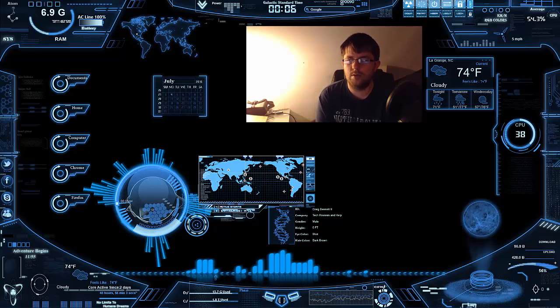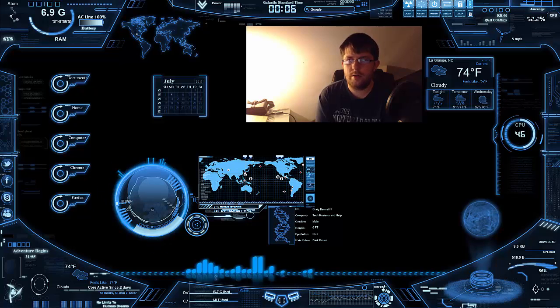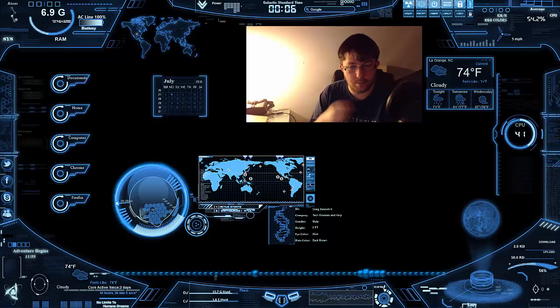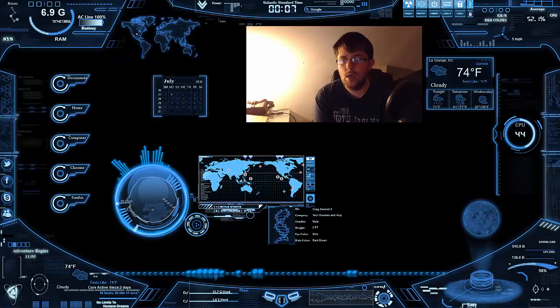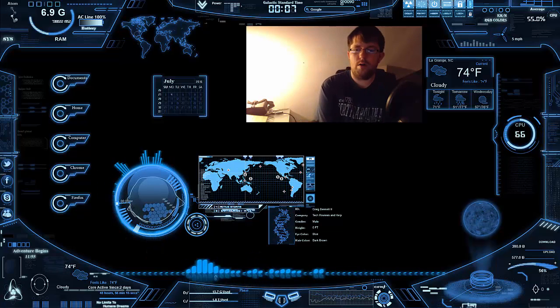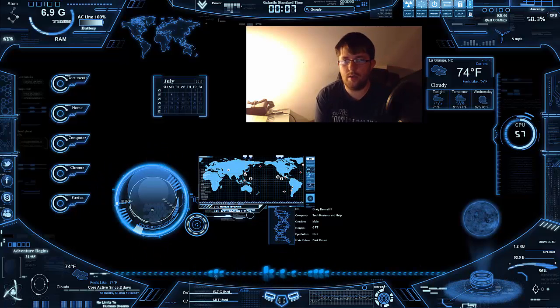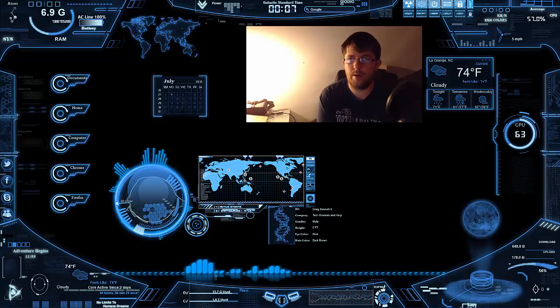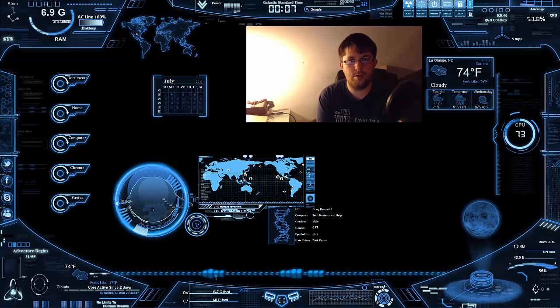In Linux, it really depends on which distribution you're using, but they all have resource monitors. Even Android has a resource monitor. I'm not really sure if iPhones have one. Pretty sure they do. If they don't, it says a lot. So yeah.